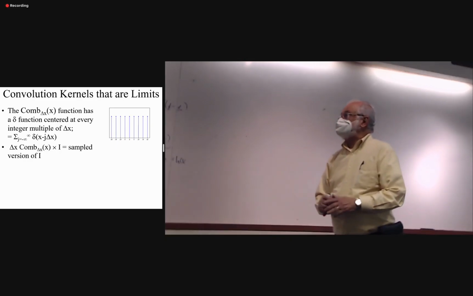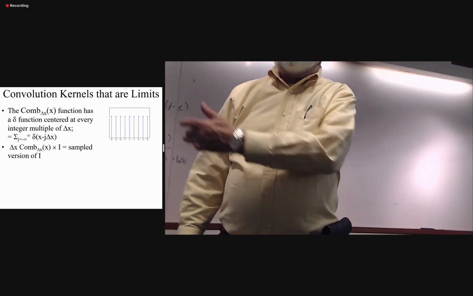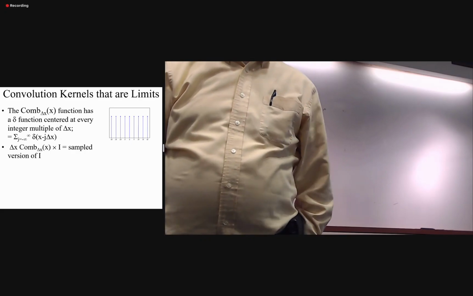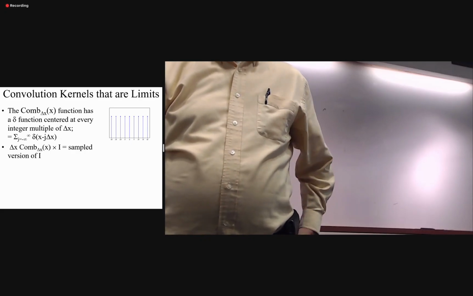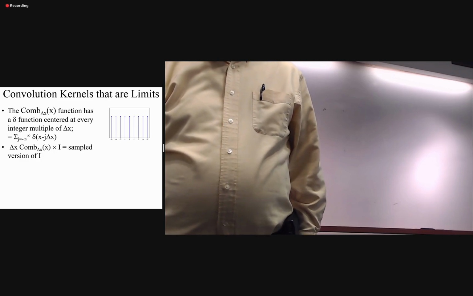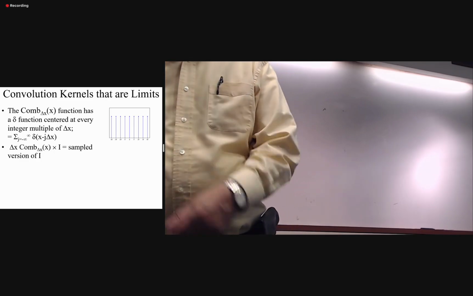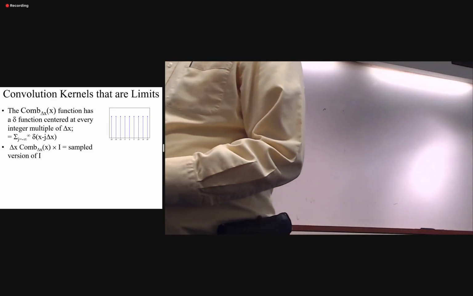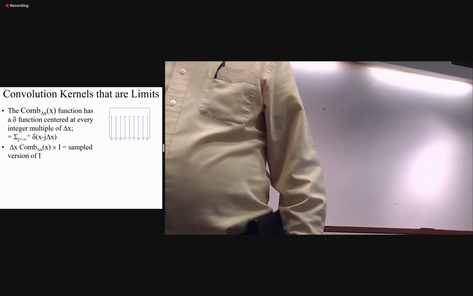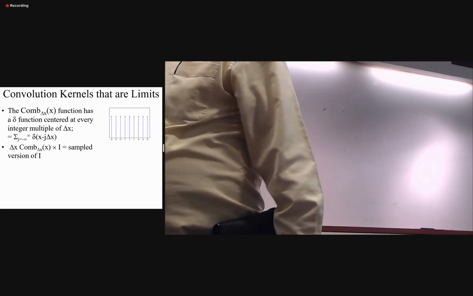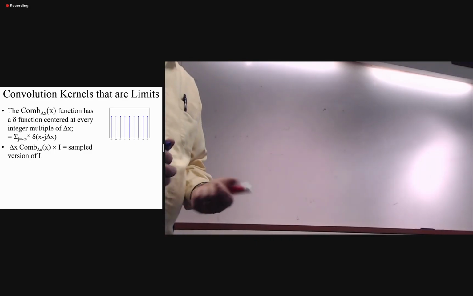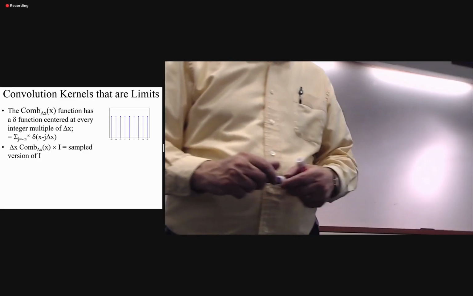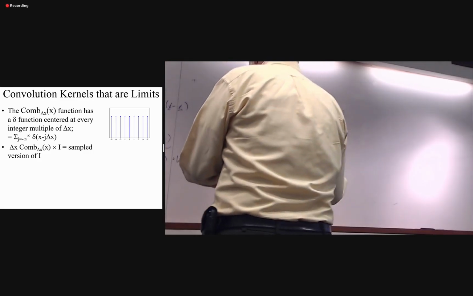Let's apply this idea to the comb function. We're going to need the comb function for understanding the relation of a discrete image to its corresponding continuous image. And the comb function ends up being multiplied by the comb function at the spacing of these pixels. Strictly the comb function in 2D, but I'm going to think of it in 1D.